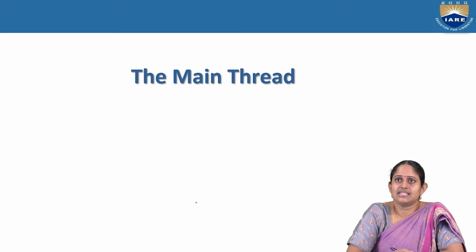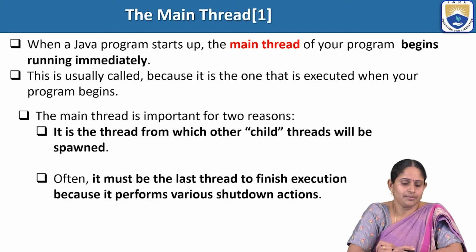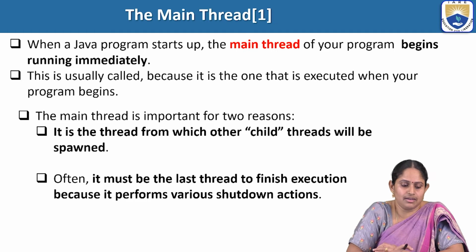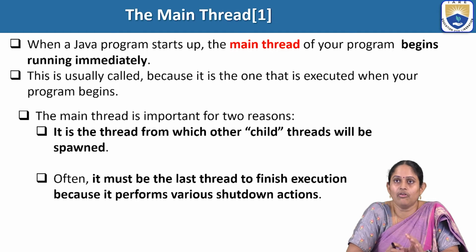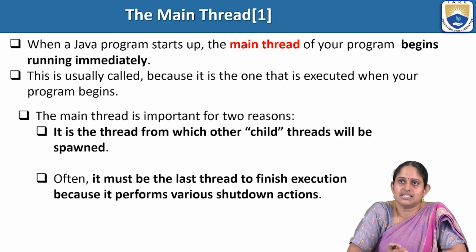Now, next is the main thread. We have seen what multithreading is. Whenever a Java program starts its execution, a thread called the main thread starts executing immediately.